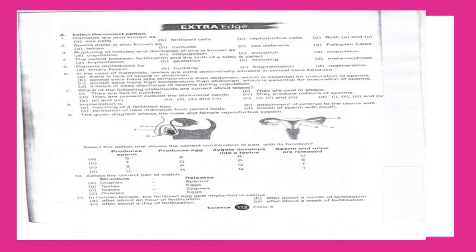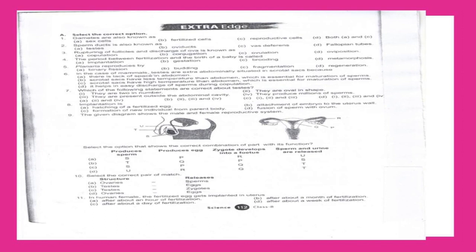Zygote develops into fetus in the uterus. So Q, the uterus. So between A and C, we have come to C. It is not R, because R is the fallopian tube. Zygote develops into fetus in the uterus. So the answer is option C, Q. I hope you understand.